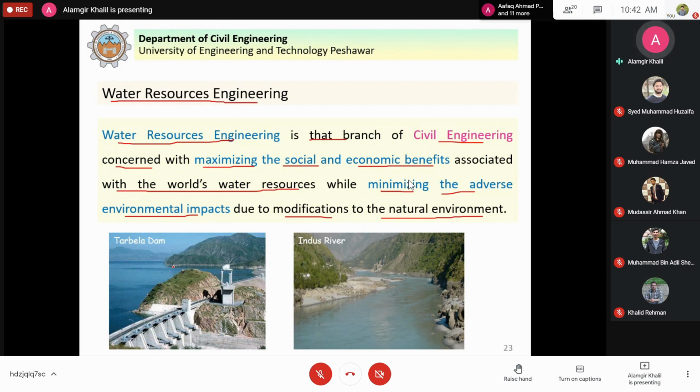So we have to then provide drainage of this water to lower the water table. This is what we say, minimizing the adverse environmental impacts due to modifications to the natural environment. And then in water resources engineering, we cover all the aspects of water resources that you have studied so far: fluid mechanics, hydraulics, hydrology, irrigation engineering, and so on.